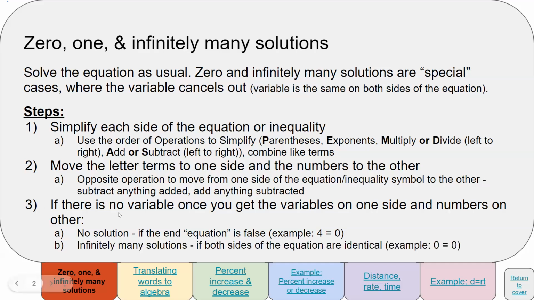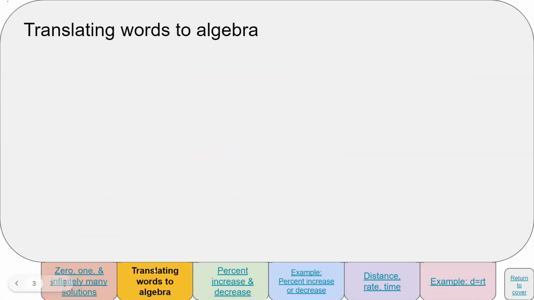If you find that both sides of the equation are exactly the same, meaning exactly the same, nothing different, or you end up with 0 equals 0, or a true statement at the end of the equation with numbers equal to each other, then you have infinitely many solutions. It doesn't matter what we put in for the variable, we're going to get the same answer. It's always going to work. So those are special cases. If you have the variable, you have one solution and you solve it just the same way.